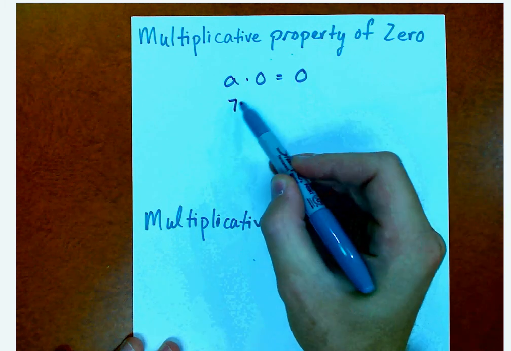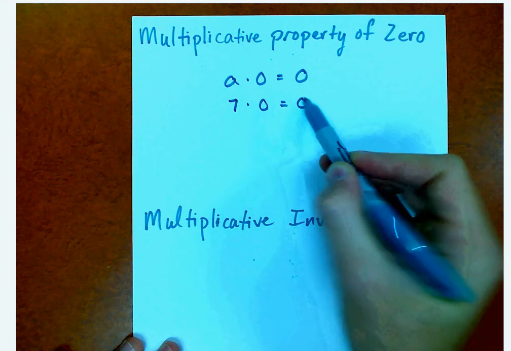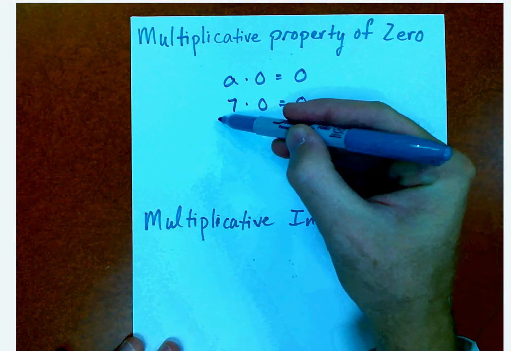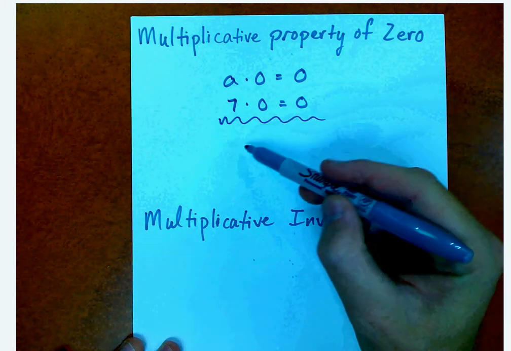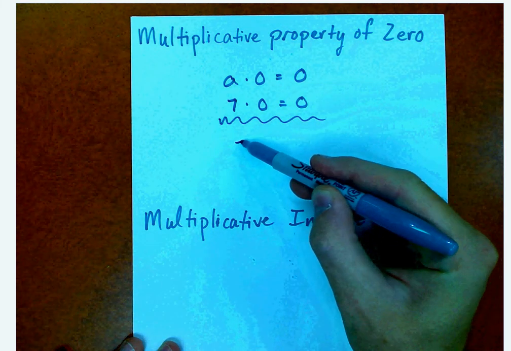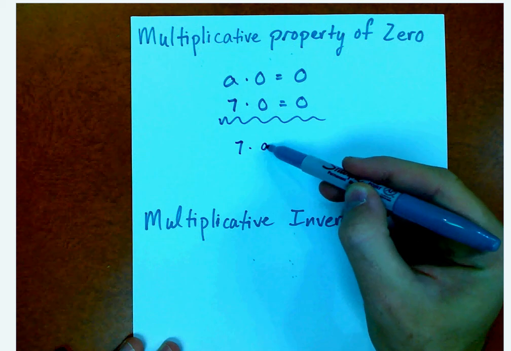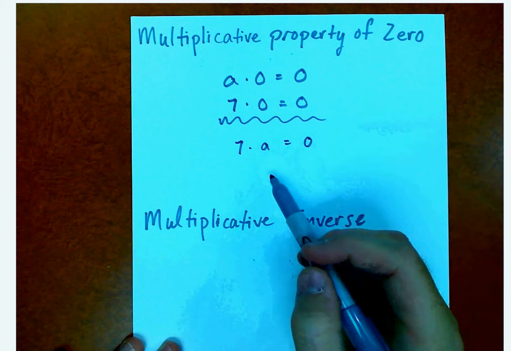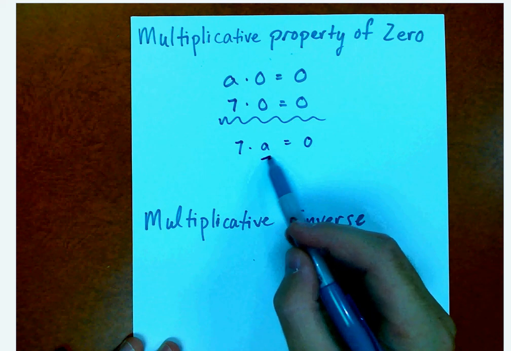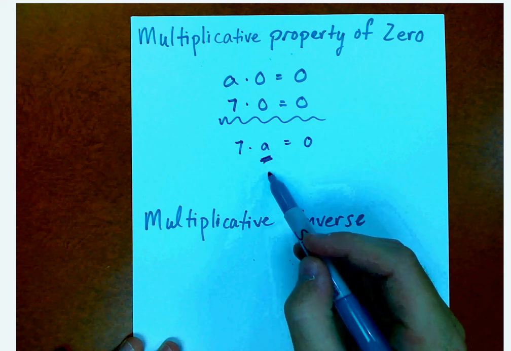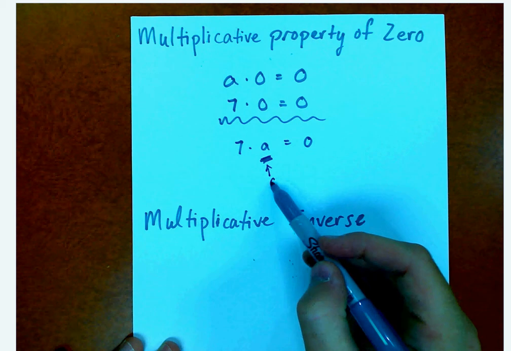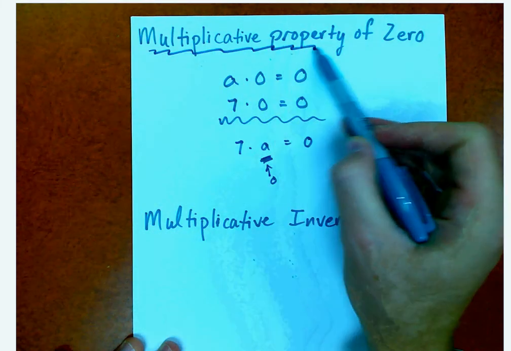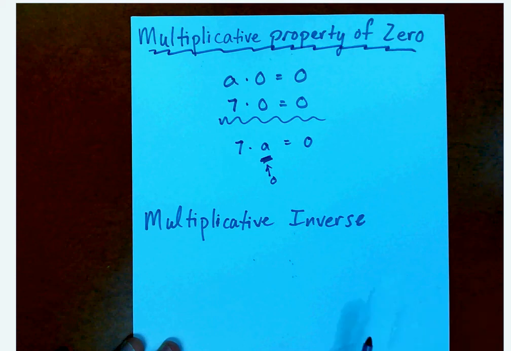Any number times 0 is, of course, 0. Branching off of this, we can say, if you're multiplying a number times a number that we don't know, and it equals 0, well then obviously that number that we don't know, we can solve for. It must be 0. And we can say we know this because of the multiplicative property of 0.